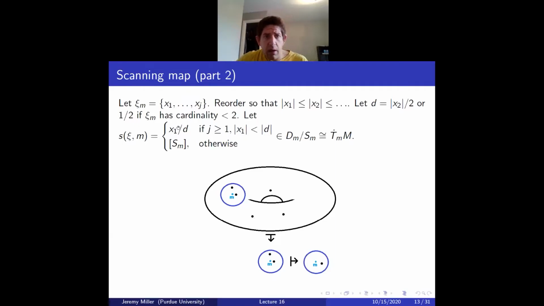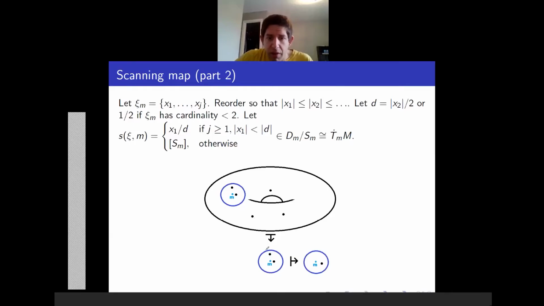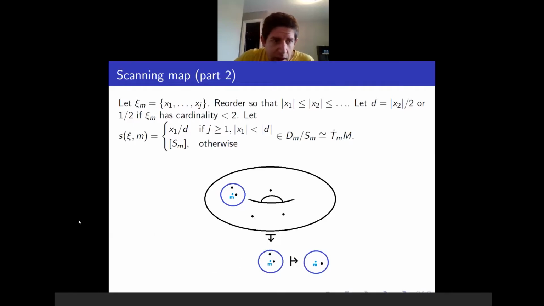So you take the second closest point, and the idea is if you look at half the distance from the origin to the second closest point, that number is going to be positive, and there's going to be at most 1 point in that ball. There might be 0, there might be 1.